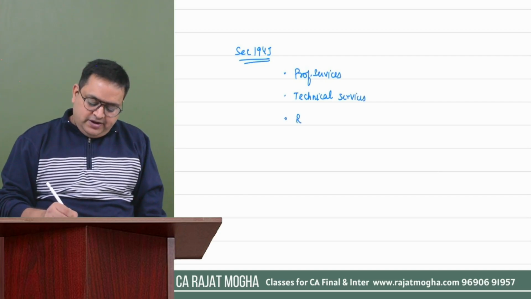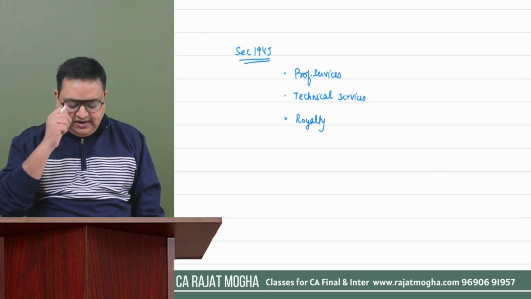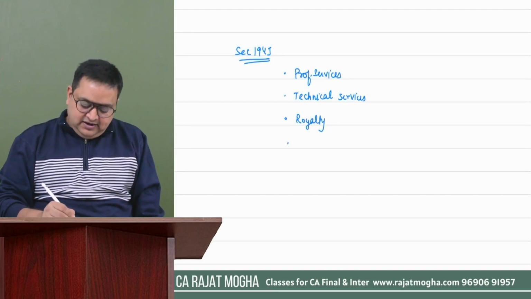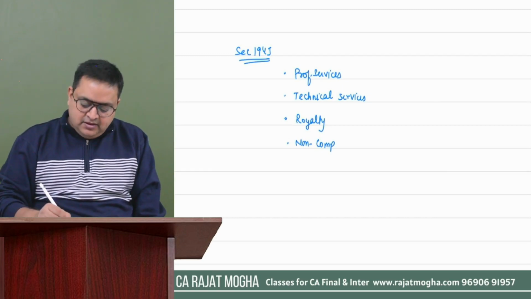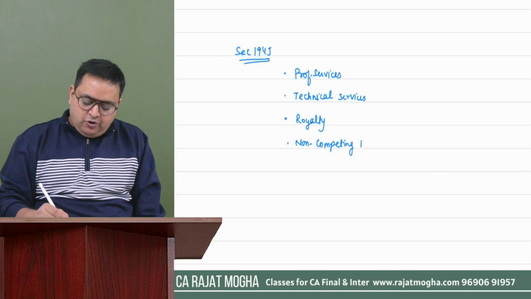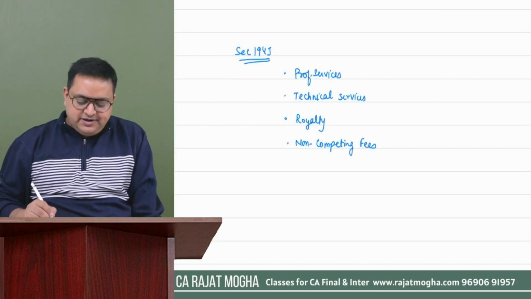It is also on royalty. If you are paying any person any amount of royalty, then TDS will apply. It is also on non-competing fees. You remember PGBP, I referred to what non-competing fees are. If you are paying any non-competing fees to someone, then you have to deduct TDS under section 194J.